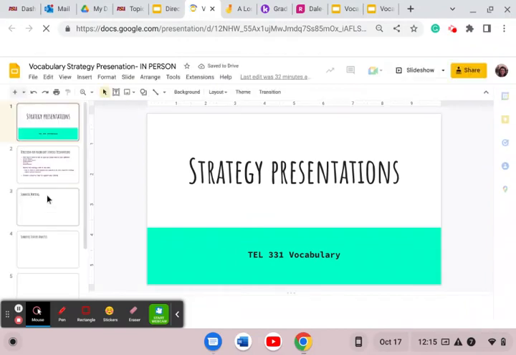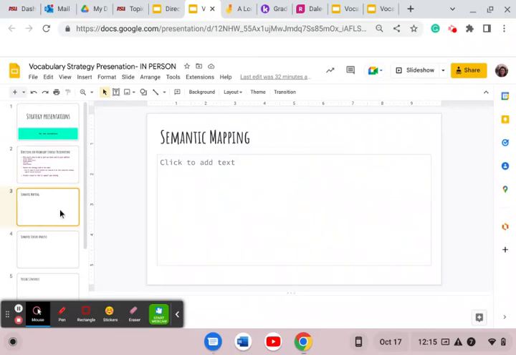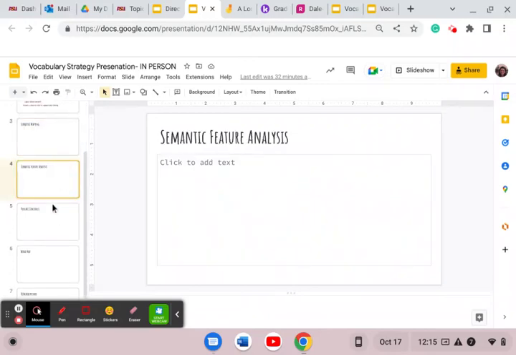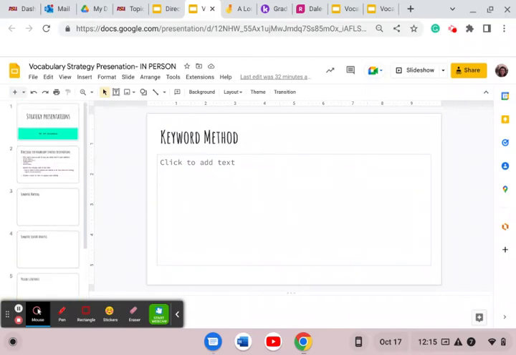So strategies. There's 1, 2, 3, 4, 5 strategies. And you're going to say, I don't know what these strategies are. What am I going to say? Google it, right? Pick a strategy you want to add to. It's just a slide for each strategy. Pick one you want to add to. Now, if one is completely full and everyone's added to it, move to the next one.